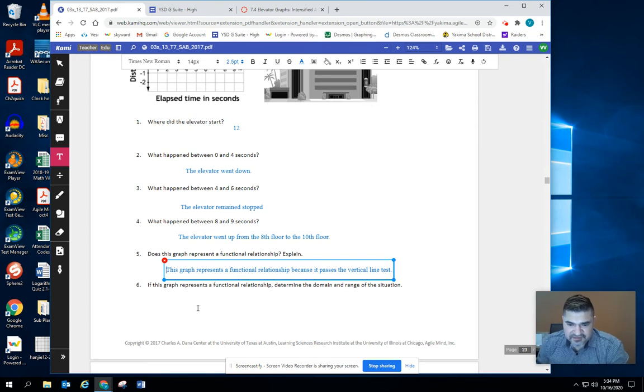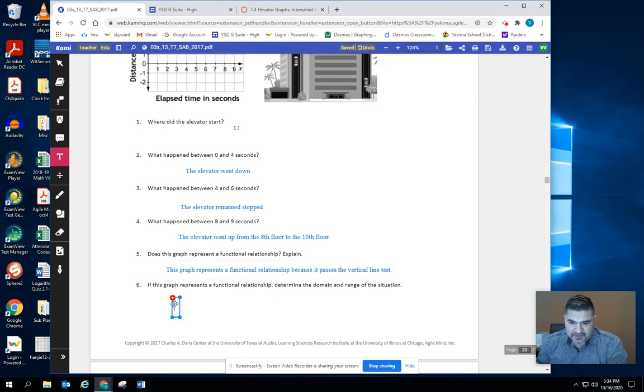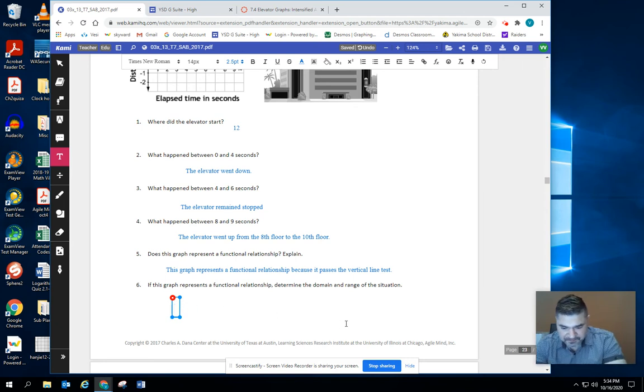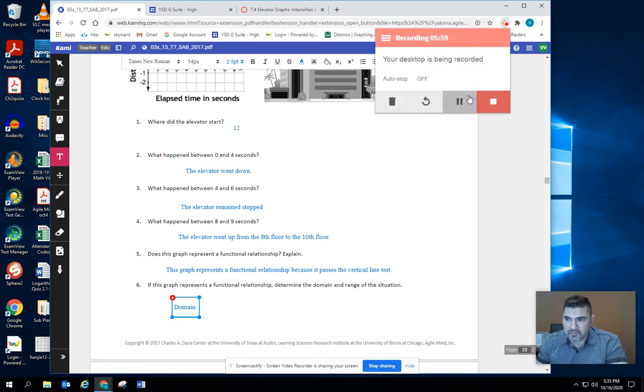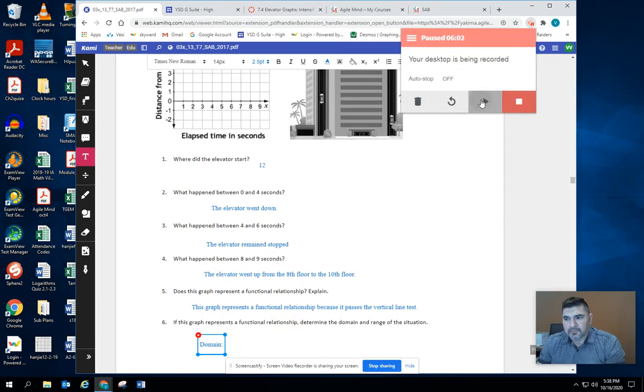Okay, let's look at question 6 here. If the graph represents a functional relationship, determine the domain and the range of the situation. Okay, well, the domain, so our domain is our x values.